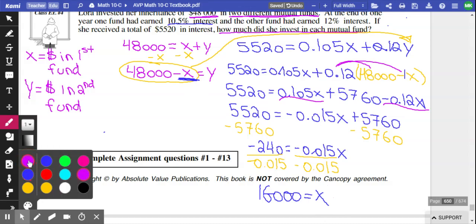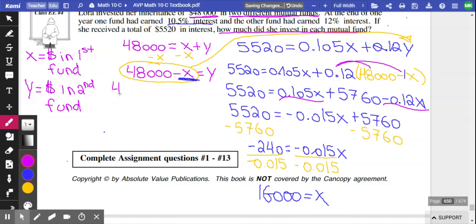So for our second fund, we go 48,000 minus 16,000, and that will tell you what's in the other fund. When you do that subtraction, you get 32,000. There's $32,000.